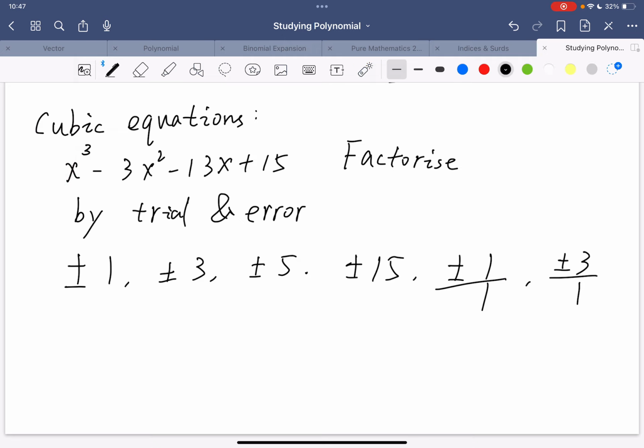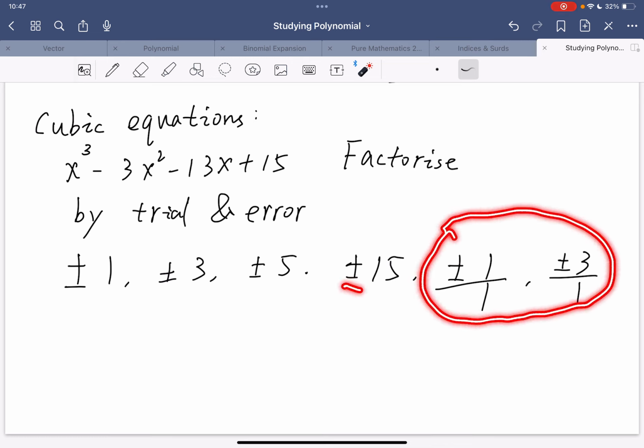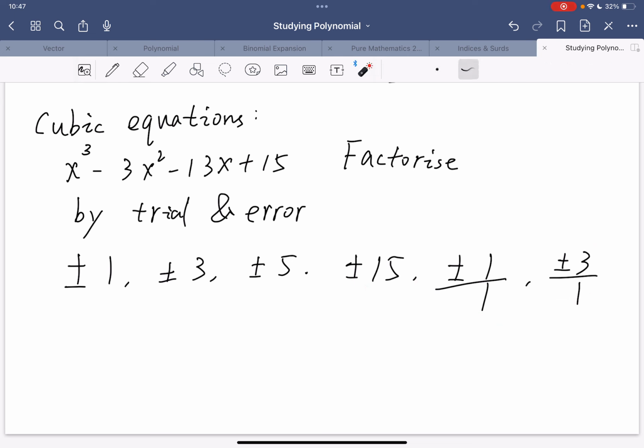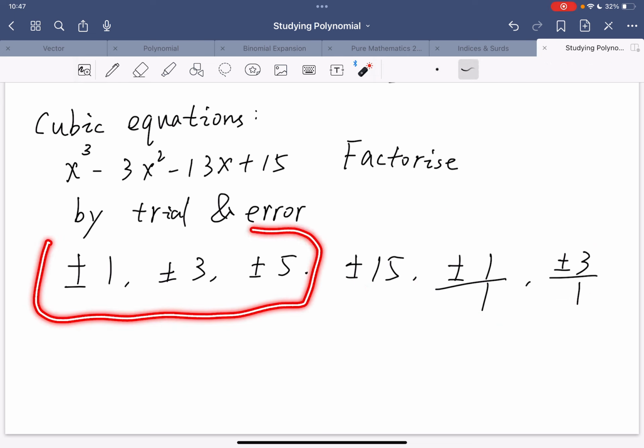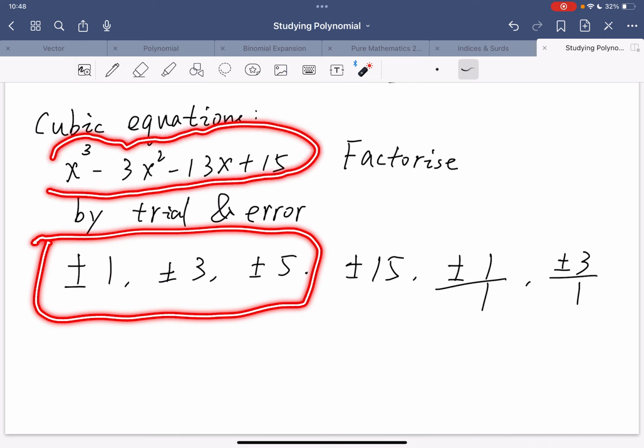But what if the coefficient of the first term equals 2, 3, 4 or more? Then that's a different story. What I'm doing here might seem very strange, right? Normally you can use these three factors to find one of the factors of this cubic equation.